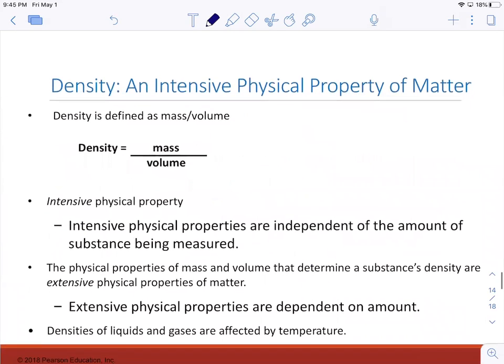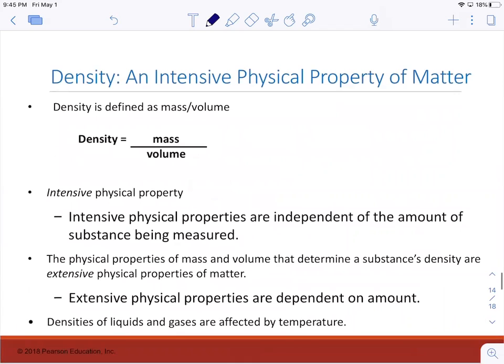Density is an intensive physical property of matter. Density is defined as mass over volume. An intensive property means that it's independent of the sample size, or independent of the amount of sample being measured. These are important: density, color, smell.